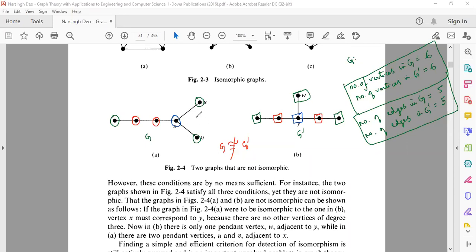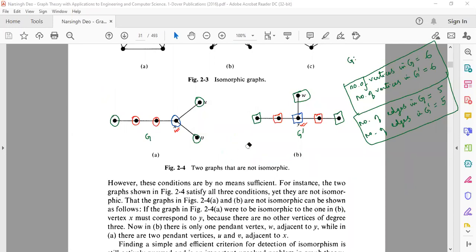But if the two graphs need to be isomorphic, then the vertex X and the vertex Y need to correspond with one another. And if it is so, we find that this vertex X having degree 3 is connected to two pendant vertices, but here this vertex Y, which corresponds to X, is connected to only one pendant vertex. And this is the structural dissimilarity between the two graphs, and therefore the two graphs are not isomorphic.